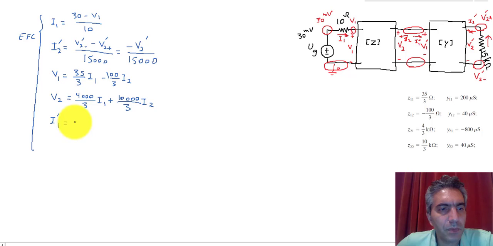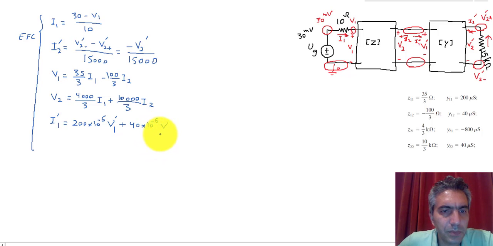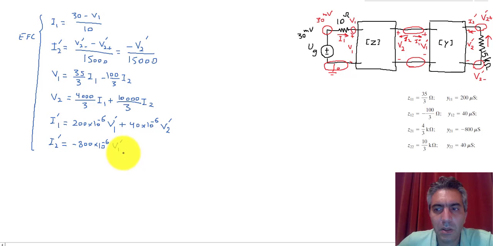So that would be 200 times 10 to the minus 6 V1 prime, and then plus Y12, which is 40 times 10 to the minus 6 V2 prime, and then I2 prime is equal to minus 800 times 10 to the minus 6 V1 prime plus 40 times 10 to the minus 6 V2 prime.